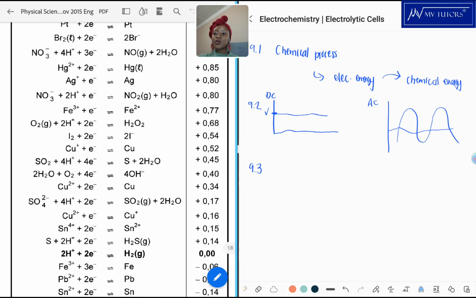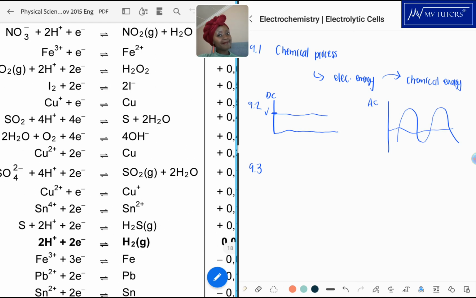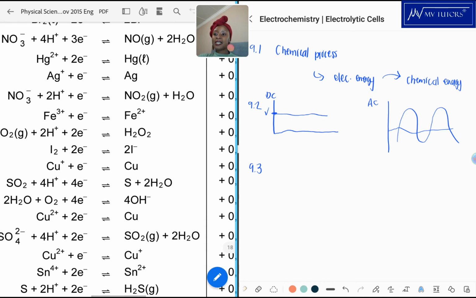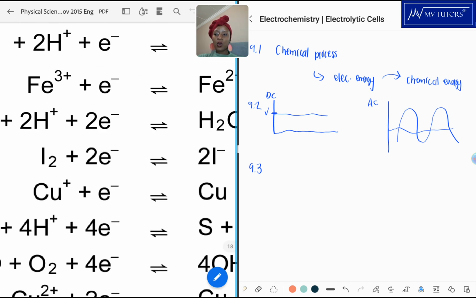So which one do we use? Are we going to use the copper 2 plus which gives us a copper 1 plus ion, or the copper 2 plus which gives us the copper solid? We want copper solid. We're busy purifying it, so the one that gives us the solid is the one we take.